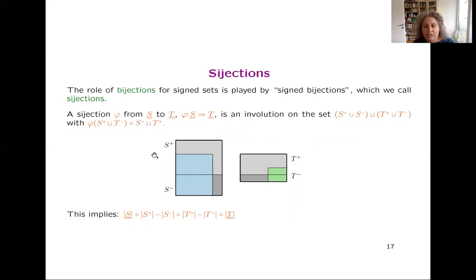Another way to think about this is the following. We actually have three maps. One is a sign reversing involution on a subset of S. Then we have a sign reversing involution on a subset of T. And for the complements in S and T, we have a sign preserving bijection. And of course, if we have such maps, then it follows that the size of S is the same as the size of T.